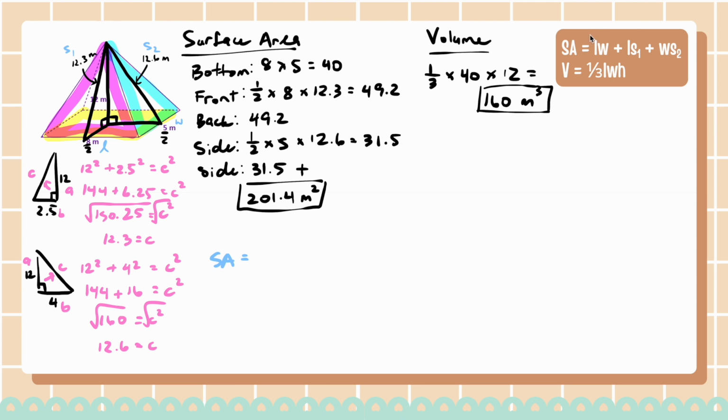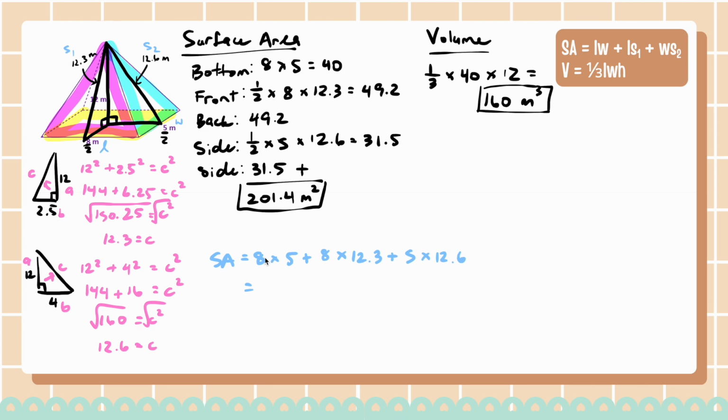Now let's plug it into the formula. So we're starting off with length times width. So that's 8 times 5, plus L times S1. So that's 8 times 12.3. And then finally W times S2. So that's 5 times 12.6.